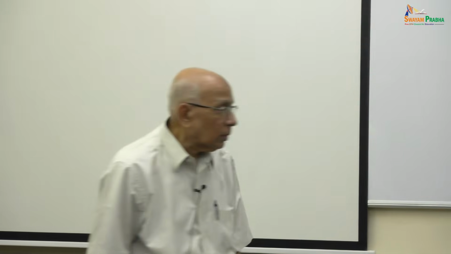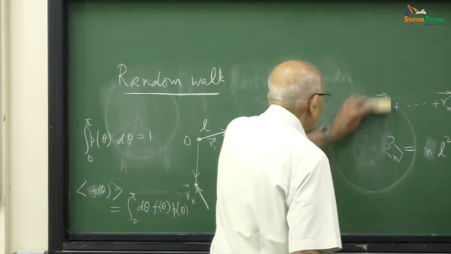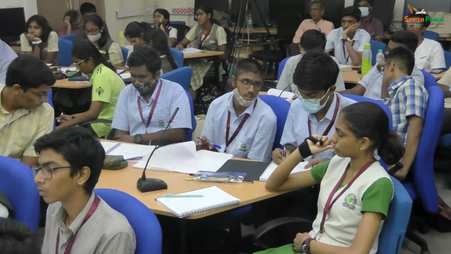So if you want the average value of cos squared theta, where theta is uniformly distributed between 0 and pi, do 1 over pi times the integral from 0 to pi of cos squared theta d theta. Right? And what's that equal to? That's not the problem we are looking at here, but what's that equal to?